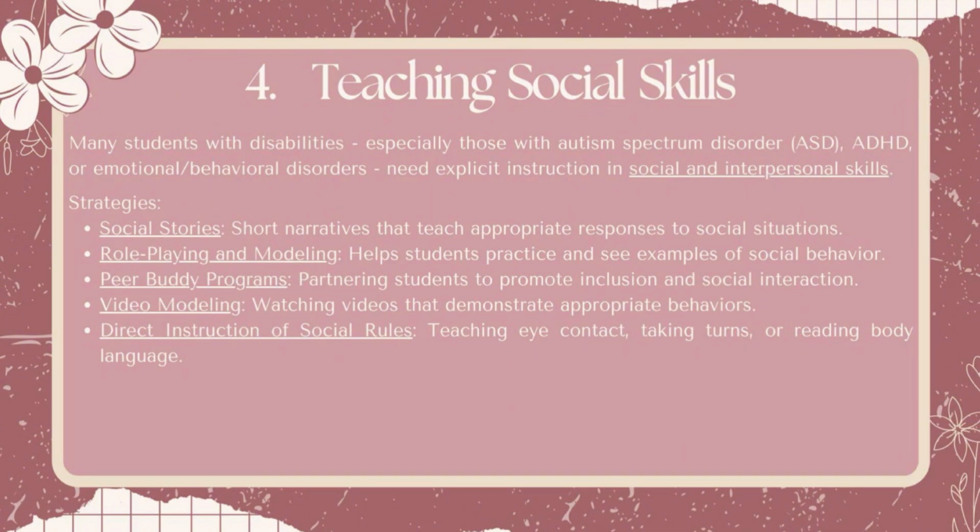And lastly, the direct instruction of social rules. It is teaching eye contact, taking turns, or reading body language. For example, a teacher uses visual cues and structured lessons to teach students how to take turns in conversation.